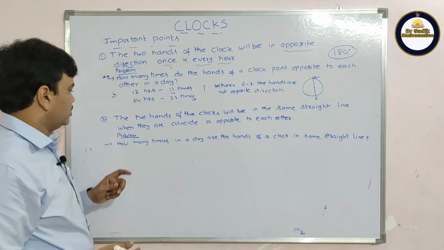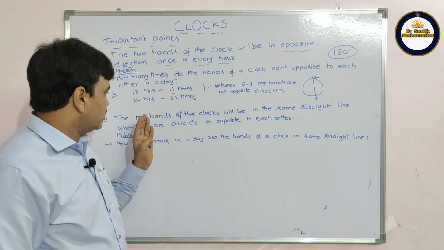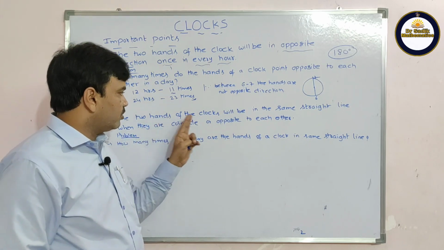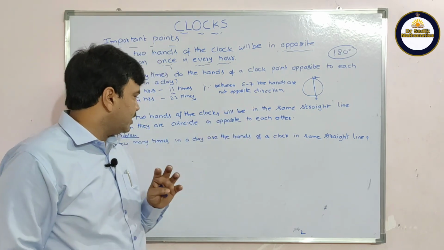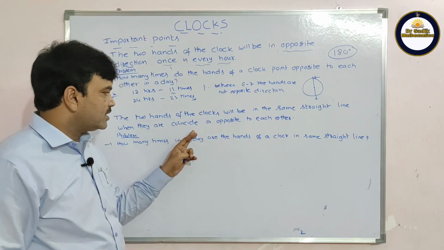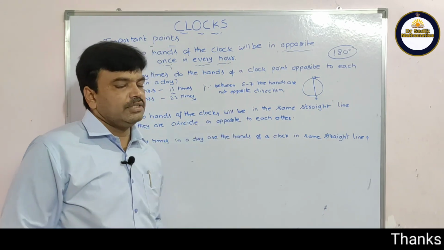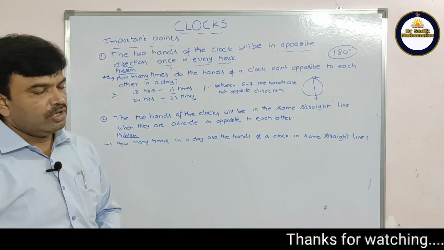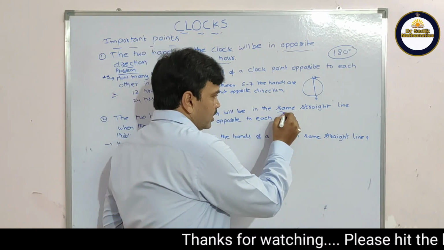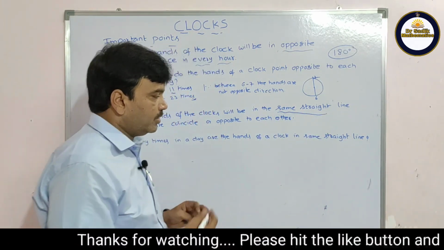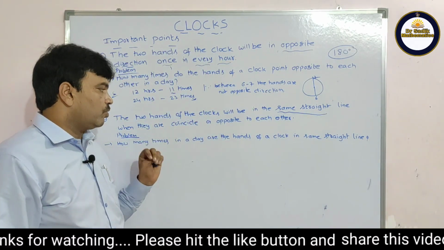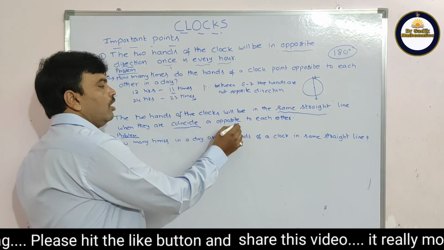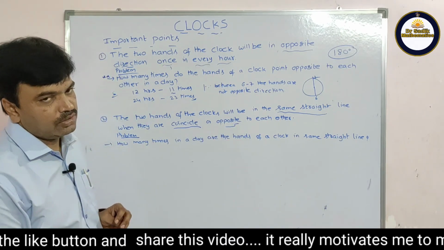Right, let us see another point. The two hands of the clock will be in the same straight line when they coincide or are opposite to each other.